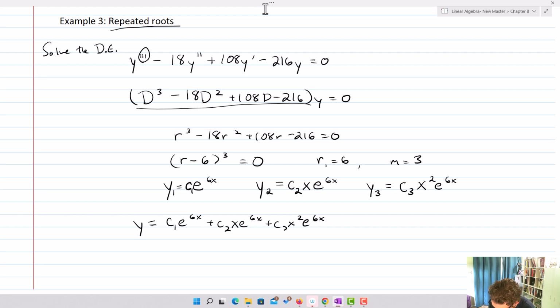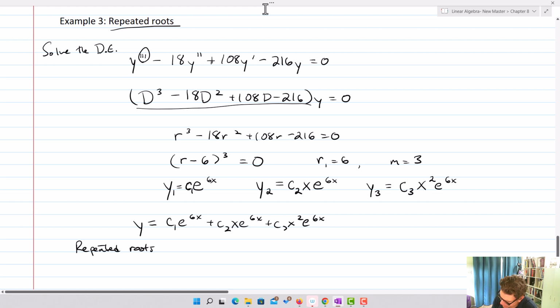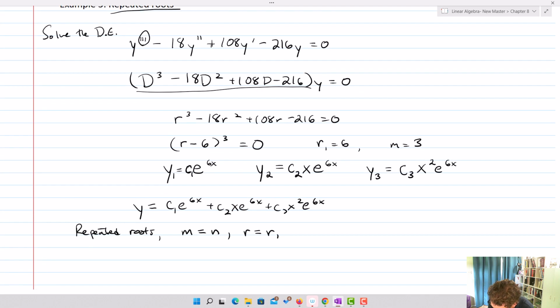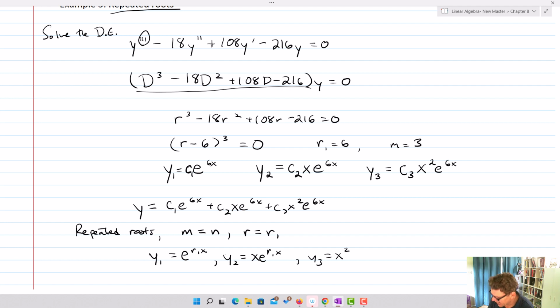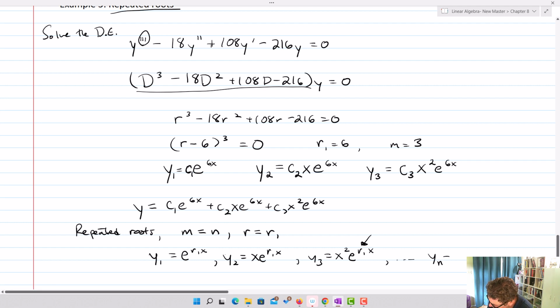So the way to modify for repeated roots, say we've got a multiplicity equal to n and the root r equal to r1, then our modification looks like this. y1 is going to equal e to the r1x, that's the first one. y2 is going to equal x e to the r1x, then y3 is going to equal x squared e to the r1x. We just add in a power of x, keep the root, all the way until we get yn equal to x to the n minus 1 e to the r1x.